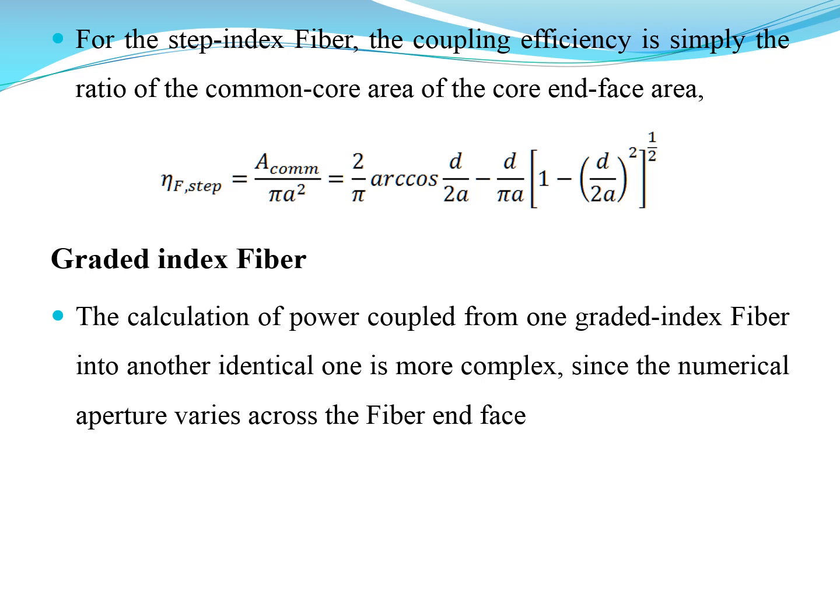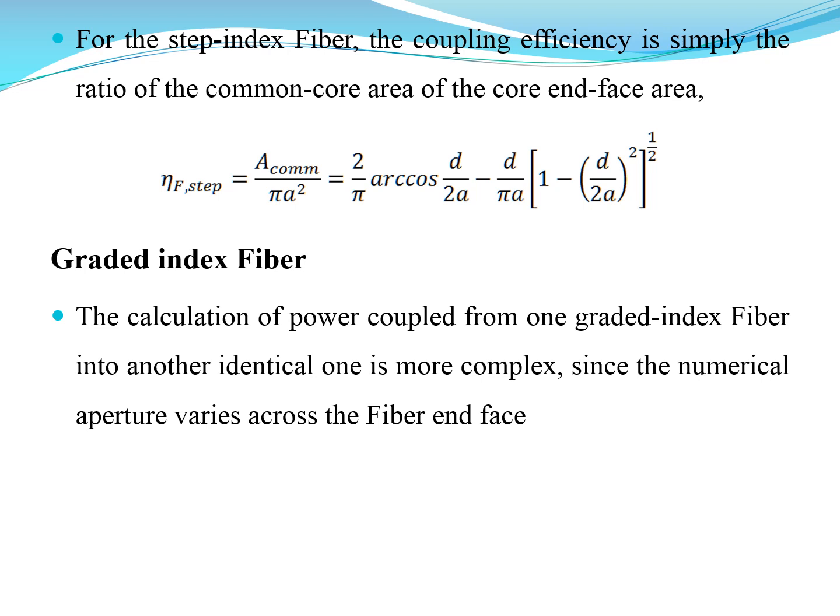Now we will calculate the total power for graded index fibers, that is, the power coupled from one graded index fiber into another identical one. This calculation is more complex in comparison with the step index fiber, since the numerical aperture varies across the fiber end face.